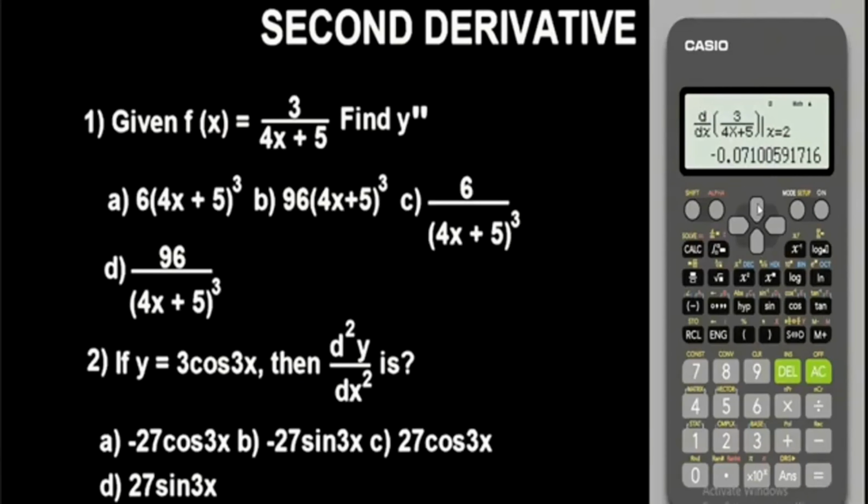Now, since we are solving a second derivative, guys, look at what you're going to do next. Firstly, this value we have here, you are going to store this as alphabet A on the calculator. So to store it as alphabet A, press Shift, Store. Look at the A alphabet under this button, and it will indicate that this value has been stored as alphabet A on the calculator. Okay, so guys, let's go back. You press this arrow button, and it will come to this very place.